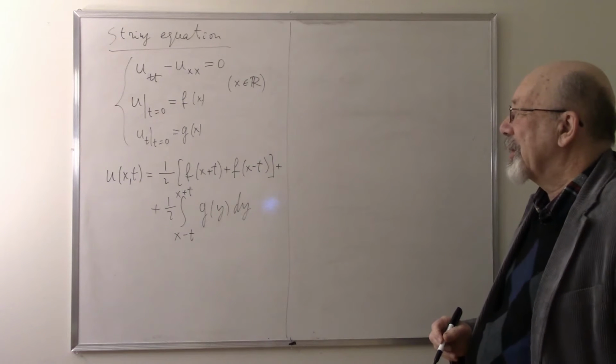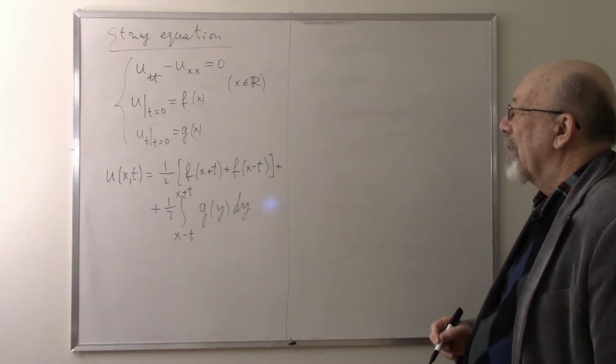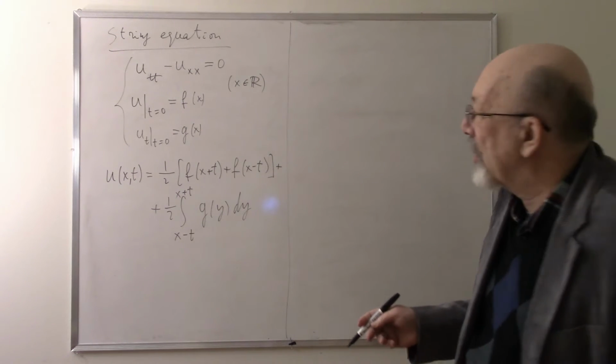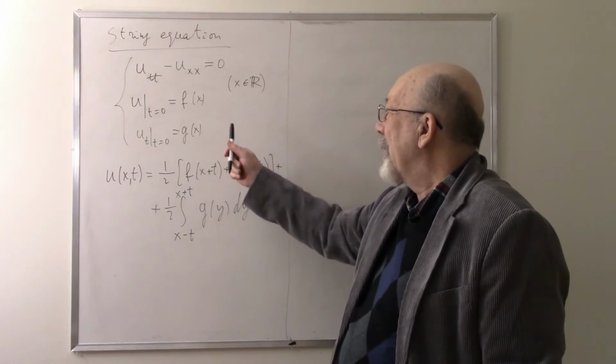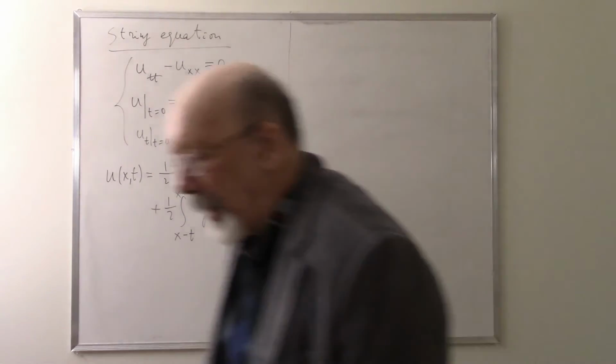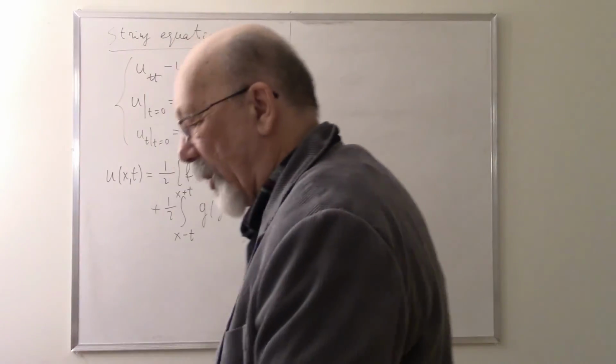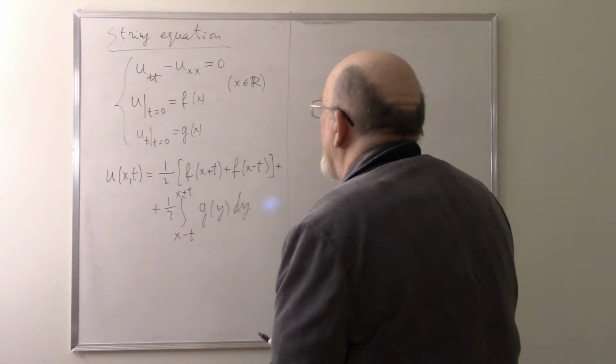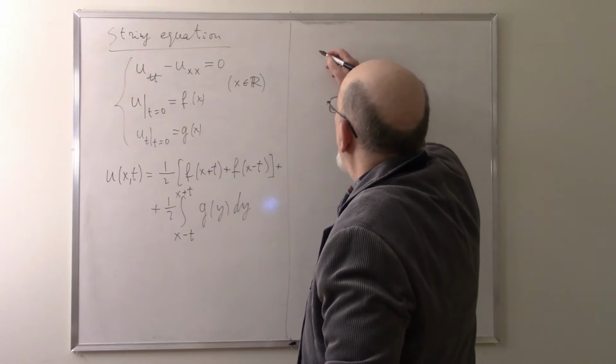So we have this D'Alembert formula. Depending on what your functions f and g are, you will have the solution. So I don't know what can be said about this. So let us consider the problem on a half line.